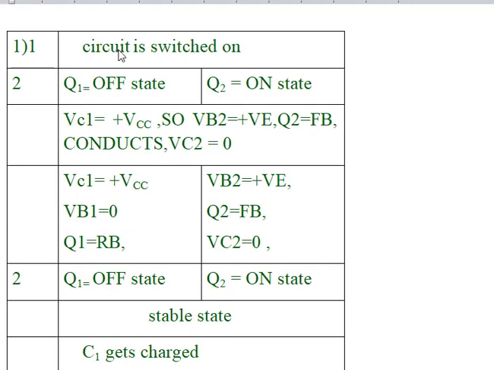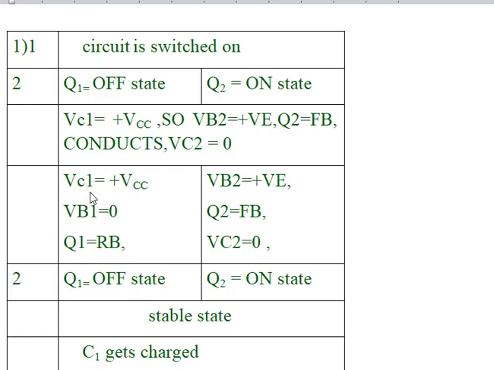When the circuit is switched on, transistor Q1 is in the off condition and Q2 is in the on condition. Here VC1 is equal to plus VCC, so the base of the second transistor becomes positive, so the second transistor becomes forward biased, so it conducts, so its output is equal to 0.